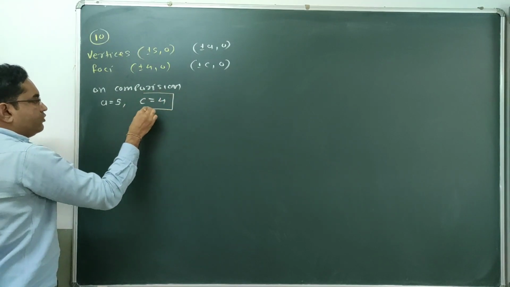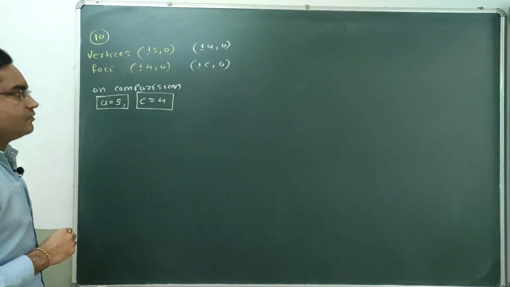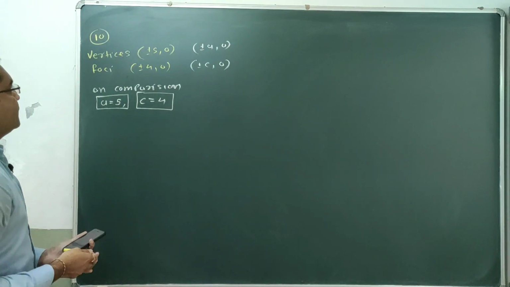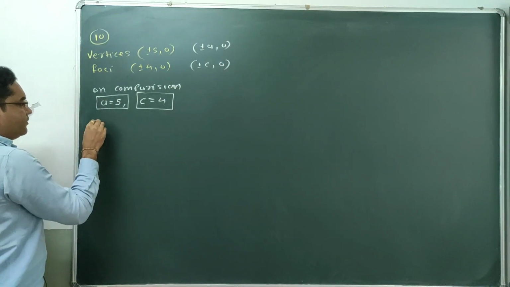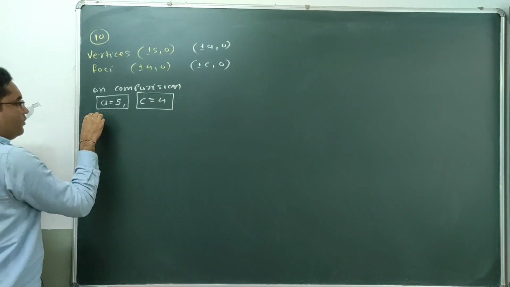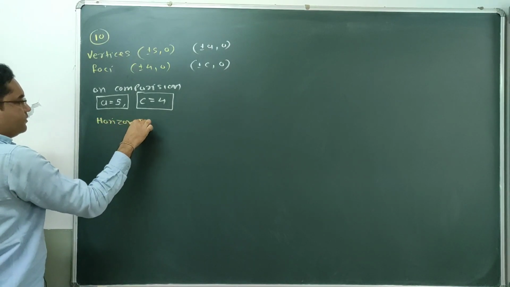These are the two values of a and c. These are the conditions for the horizontal ellipse, so our ellipse is a horizontal ellipse.